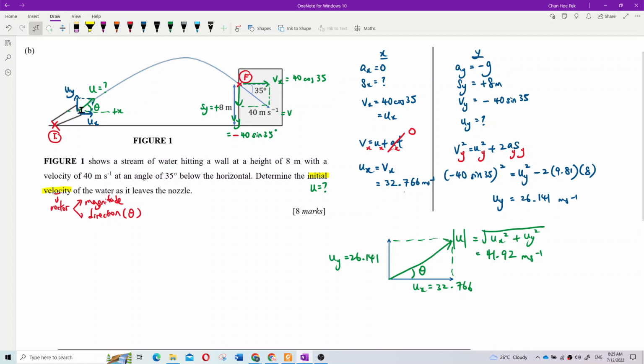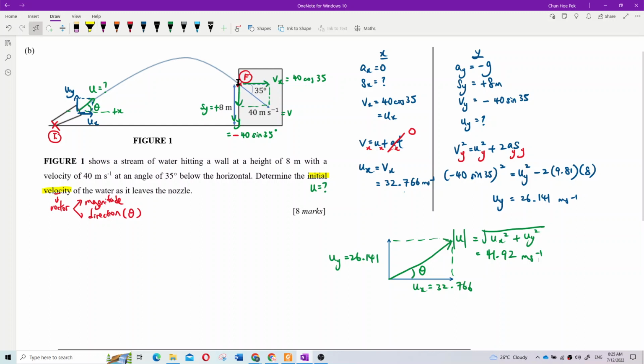This one is from the ground to the top. Yeah, from the ground to the top. So it should be above the origin. A bit confused about the diagram, but he hit the wall, right?